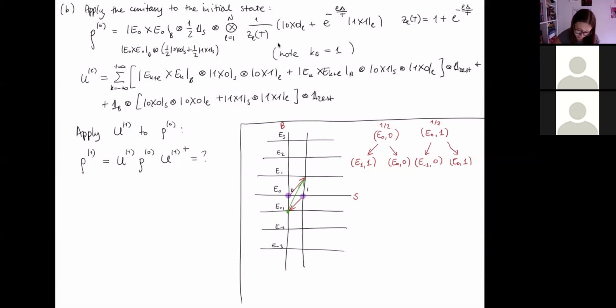We can go up from here. We can also go up from E0, 0, because during the previous step, the battery in the system stayed in that state with some probability. From E0, 1, we can go down to E minus 2, 0.